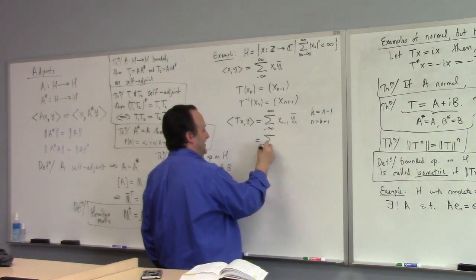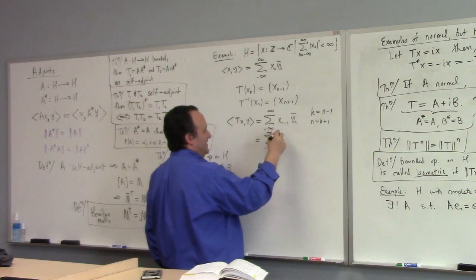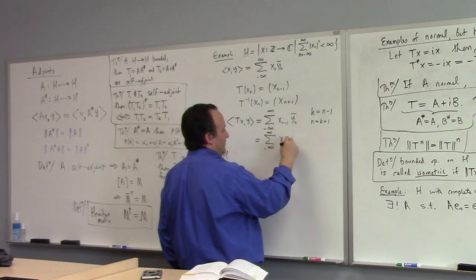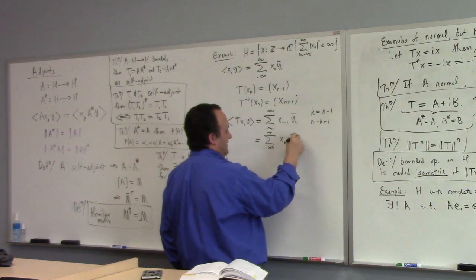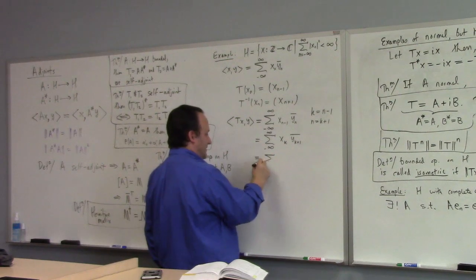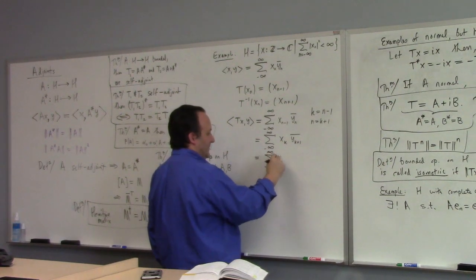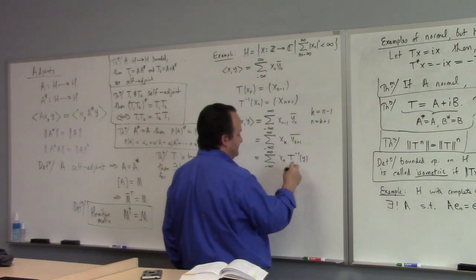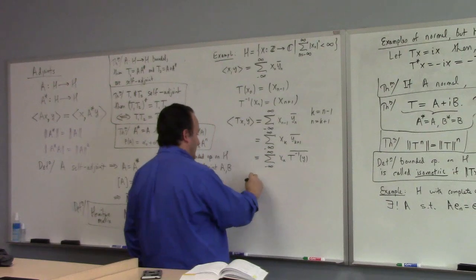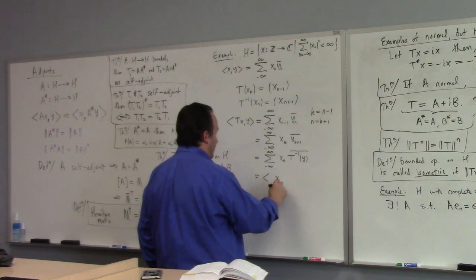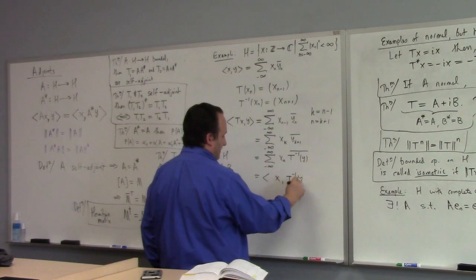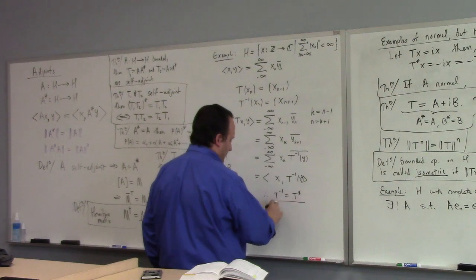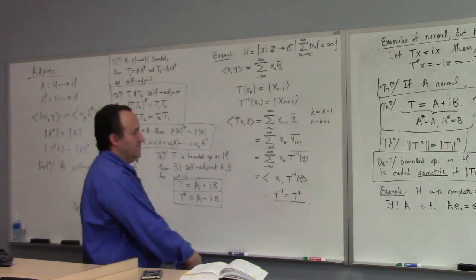So re-indexing, we've got x sub k times y sub k plus 1 conjugate, which of course is x sub k times T inverse of y conjugate, which is of course the inner product of x with T inverse of y. So therefore T inverse is equal to T adjoint. Consequently, unitary.